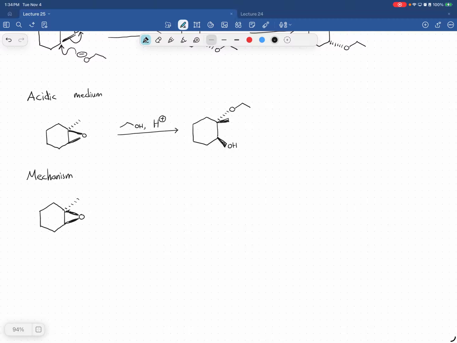All right, so what's the first step here in the acidic mechanism? So what's the first obvious step here? Yeah, so we had to open a ring, right? So ethanol is not a very good nucleophile. It's very weak. So we need to make a great leaving group first. So the lone pair is going to protonate the oxygen, and then you're going to get an oxonium ion intermediate.